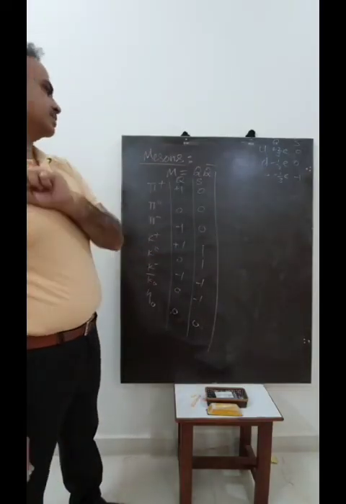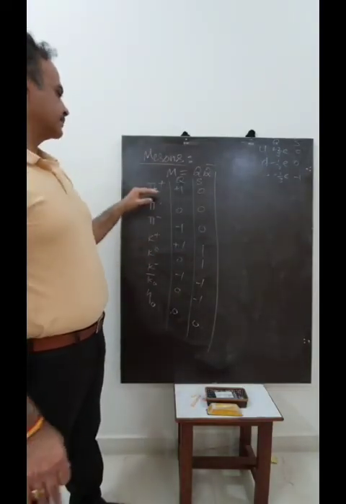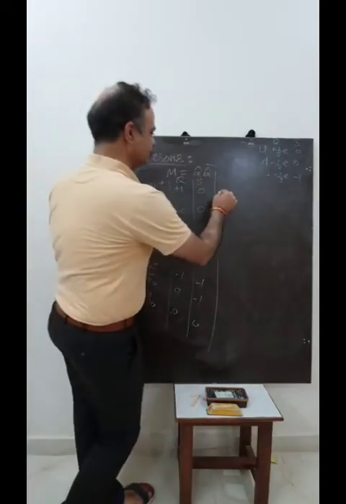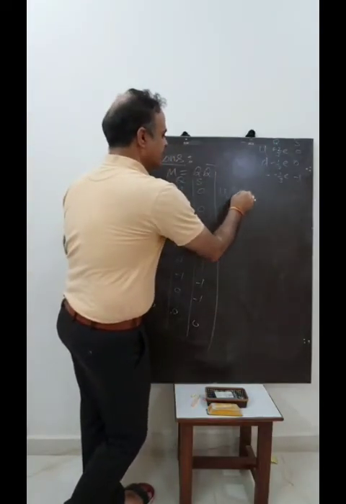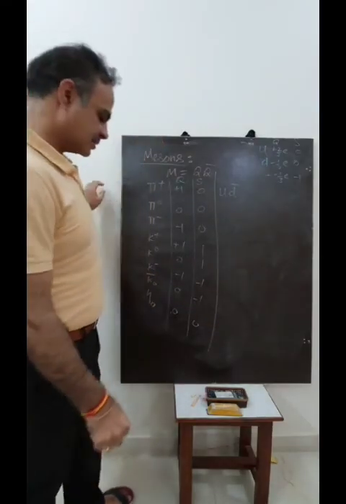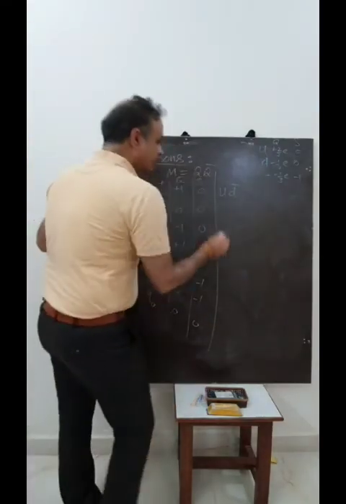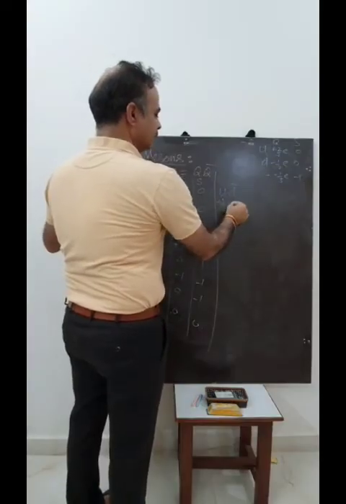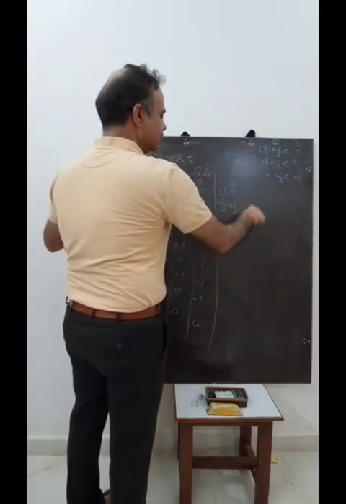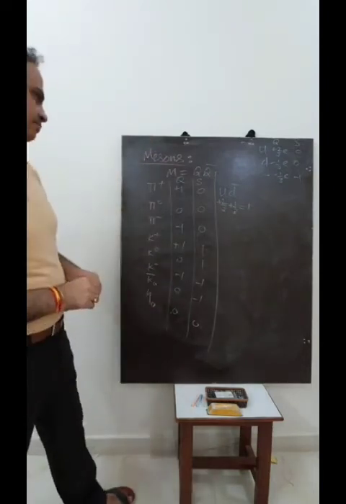So how does this combination become? For pi plus, let us assume we take U, which has plus charge, and D bar. What is the charge on U? Plus 2 by 3. What is the charge on D bar? Plus 1 by 3. Total becomes 1. Very easy.